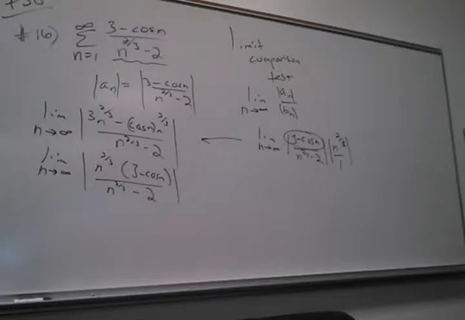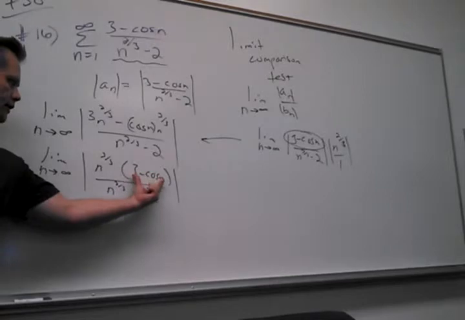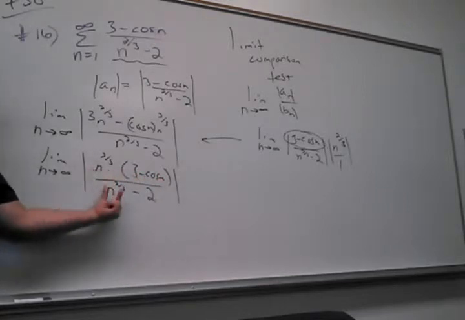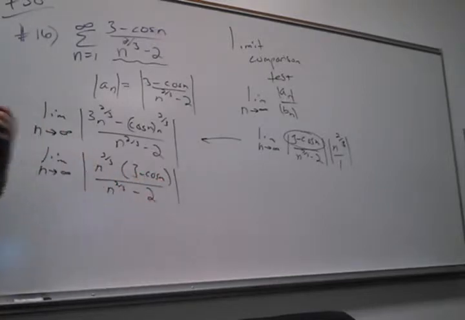Oh boy. I love it when they do that. So what I really have here is constant times n to the 2/3 over n to the 2/3 minus 2. N to the 2/3 over n to the 2/3, use a ratio. All right.